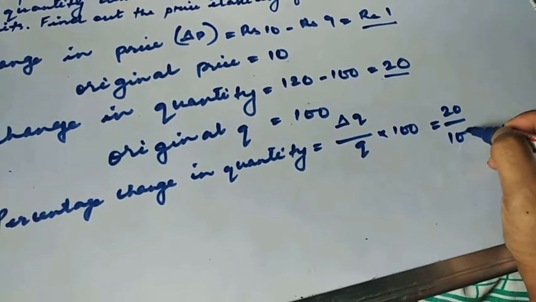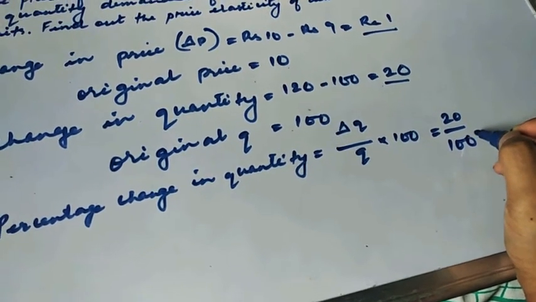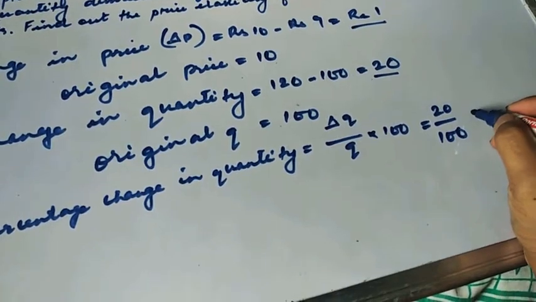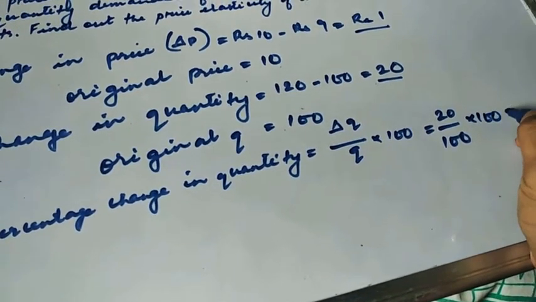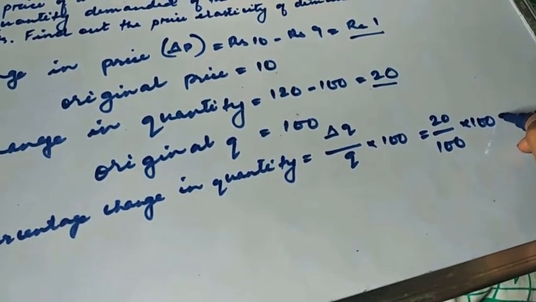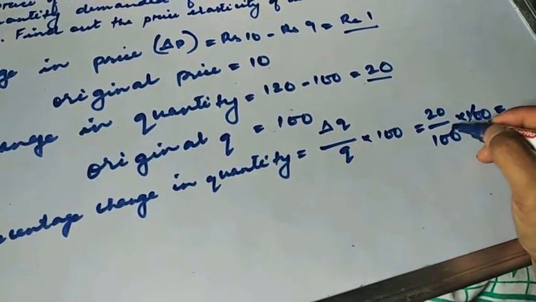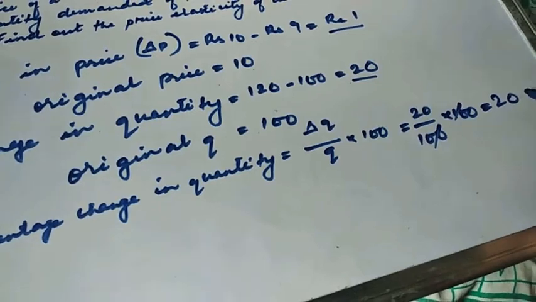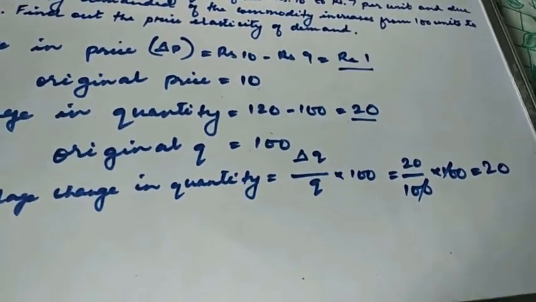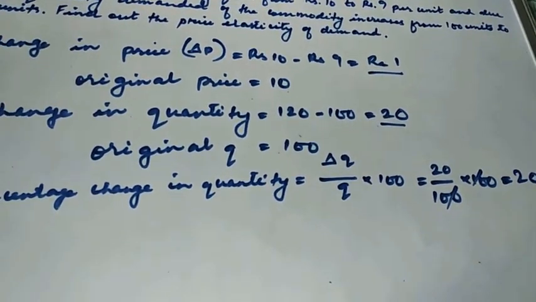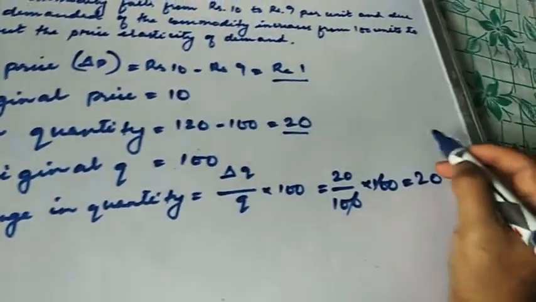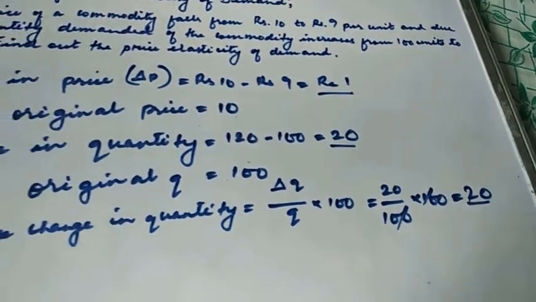The original quantity is 100, into 100. And so what we got is 20. So the percentage change in quantity is 20 here.